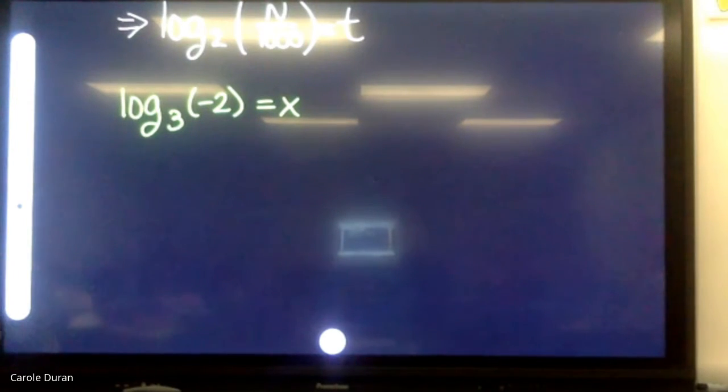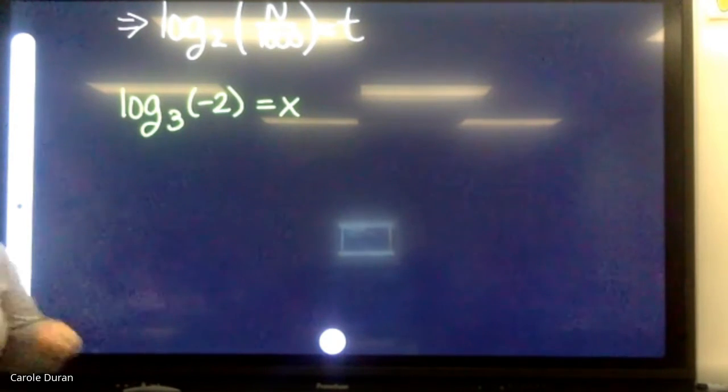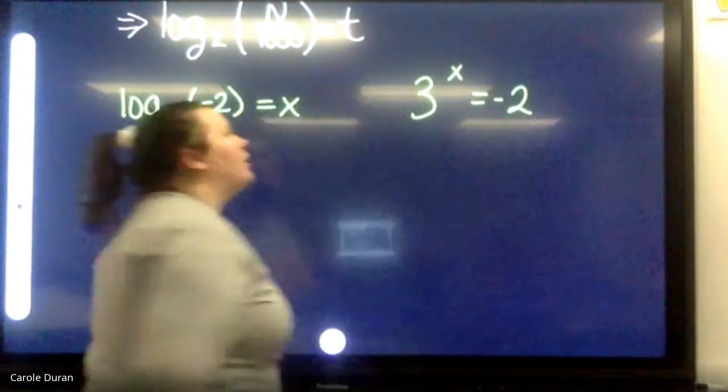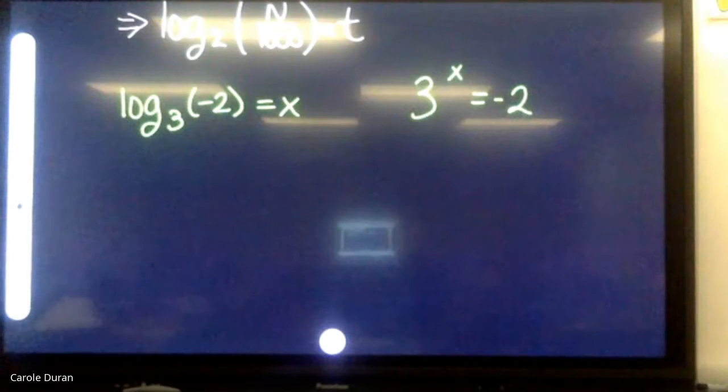Trent, how would I rewrite this as an exponential? Correct. So then I have to ask myself, what exponent can I take 3 to, to make it equal negative 2? What do you guys think? Is there one? No, that would just flip it. It wouldn't make it negative.